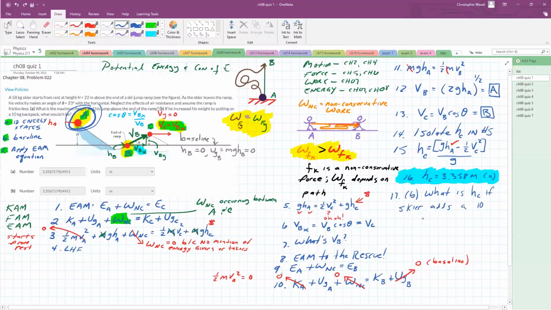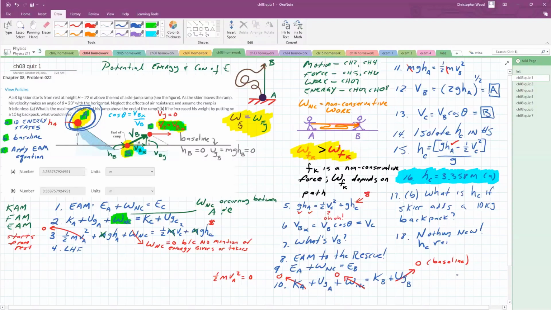So you do the same jump again, but now you're wearing a 10 kilogram backpack, and the answer is nothing new. Nothing new. H sub C remains unchanged, 3.358 meters. And that's because, look at my equations. Number 19.